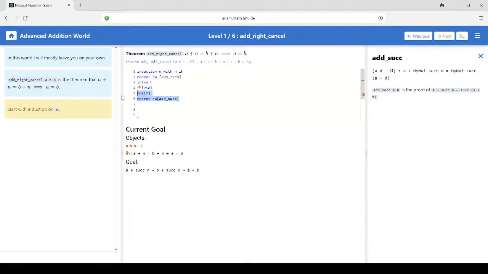Oh, I can use that without even using this.